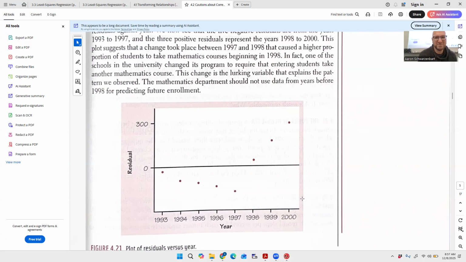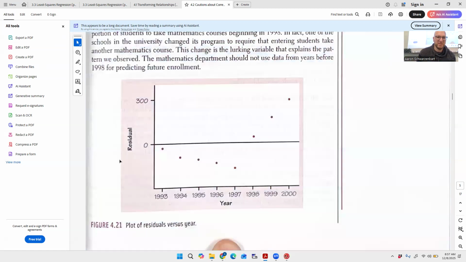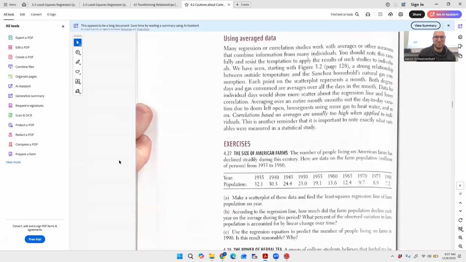We don't know what it is, but they probably should do the regression on 3 years because that old data is now meaningless. A little bit of a strange thing, but I mean, hopefully the department has a clue what changed, but hmm.